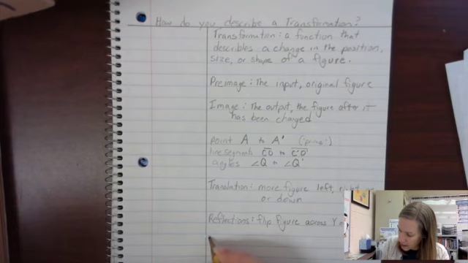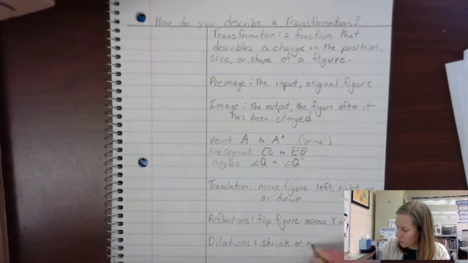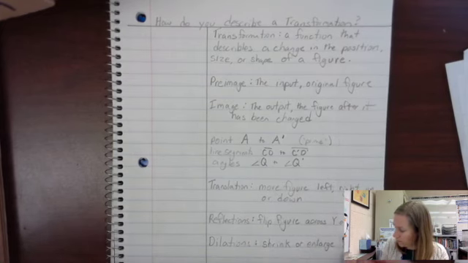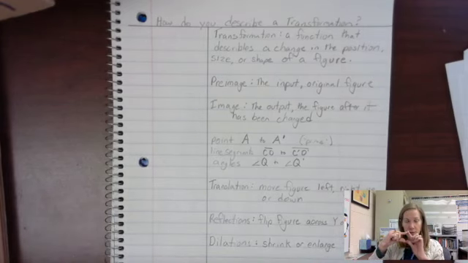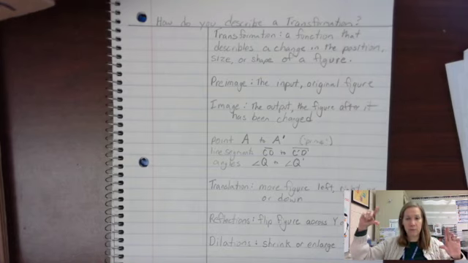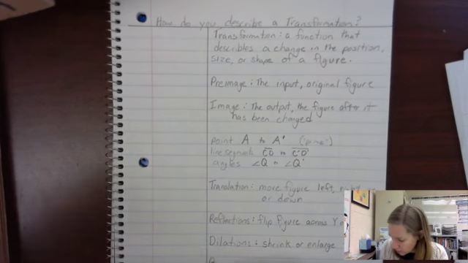We have dilations, shrink or enlarge, so same triangle, but bigger or smaller. And then we have rotations.